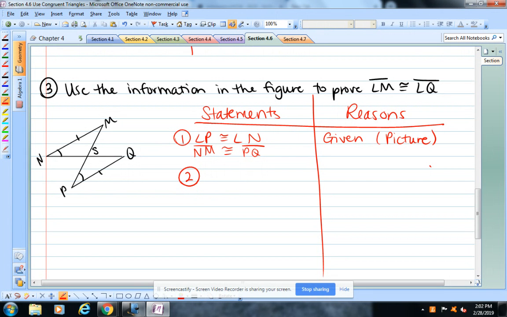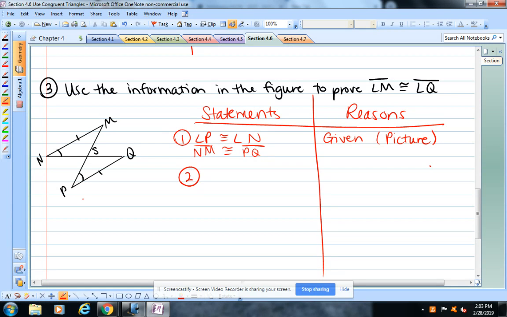Say it again. They already said that. N and P are already given congruent in the picture. Do what? What geometric reason can I use to say that? You're just guessing.